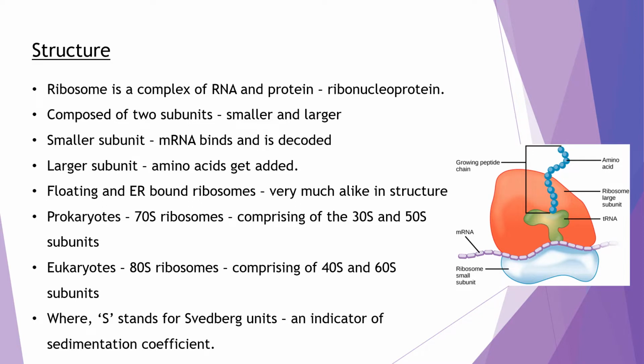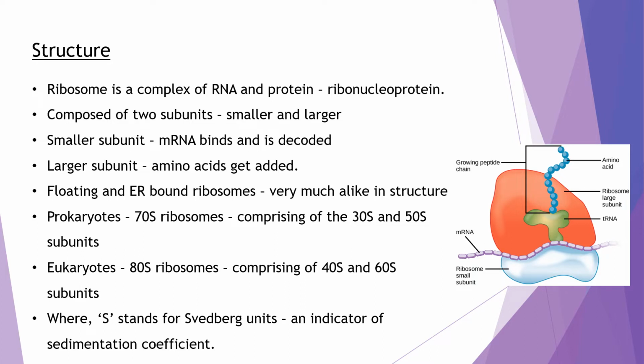However, there is a difference in the structure of the ribosomes that are found in prokaryotes and eukaryotes. In the prokaryotes, we generally find the 70S ribosomes, which comprise two subunits known as the 30S subunit and the 50S subunit, where the 30S subunit is the smaller subunit and the 50S subunit is the larger subunit.